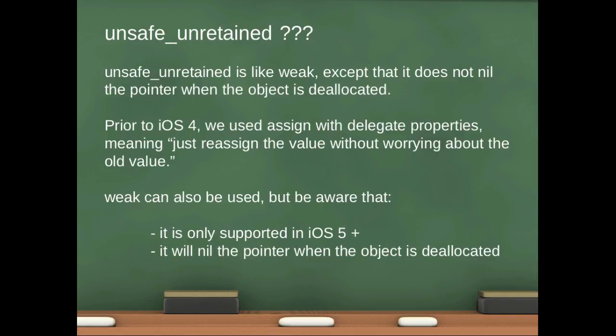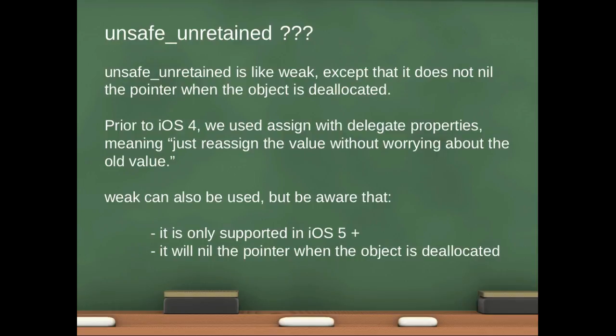And assign, we remember, works for C primitives. All assign means is when I set the value, just change the value. Don't worry about the old value. Don't cache it. Don't release it. We don't need to. So unsafe_unretained does the same thing as assign. Just reassign the value. Don't worry about the old one.